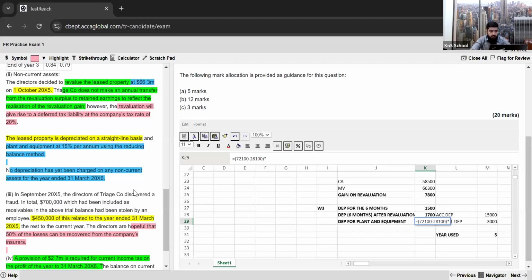Yes, it's 15%. So we have calculated the depreciation for plant and equipment for the current year, that is for the 12 months, which is 6,600.